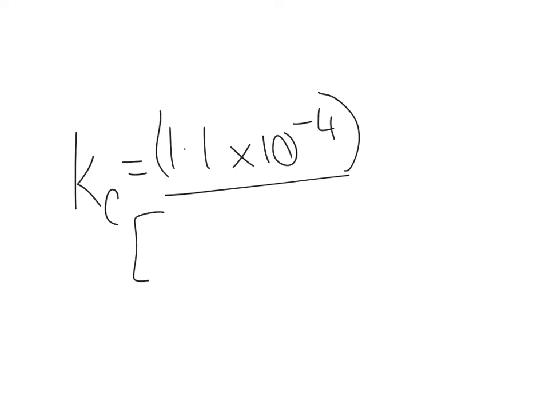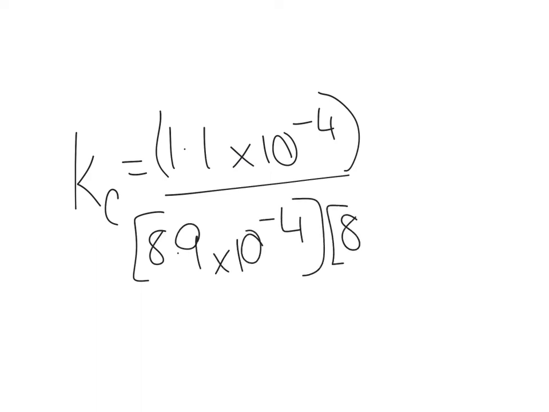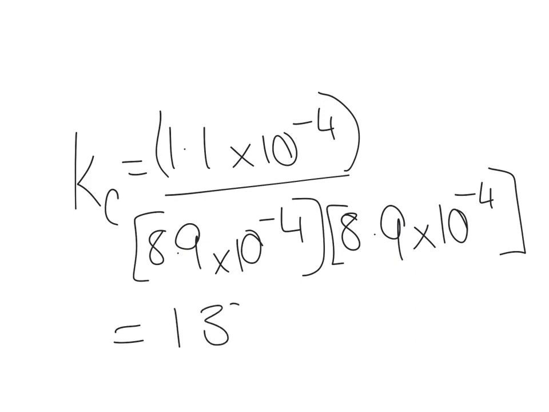So KC is equal to 1.1 by 10 to the minus 4 all over, and if you want to include your brackets you can, 8.9 by 10 to the minus 4 multiplied by 8.9 by 10 to the minus 4. And your final answer, guys, I got was 138.87. So that's this question done.